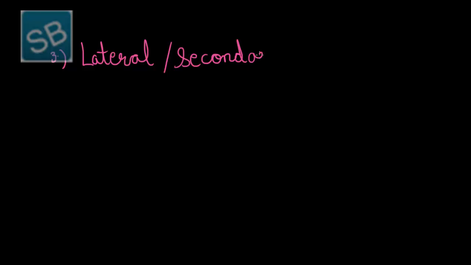Then the third type of meristem is lateral meristem, which is also known as secondary meristem. Because these meristems appear after the formation of primary meristem.